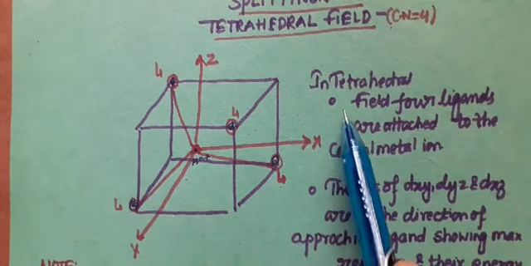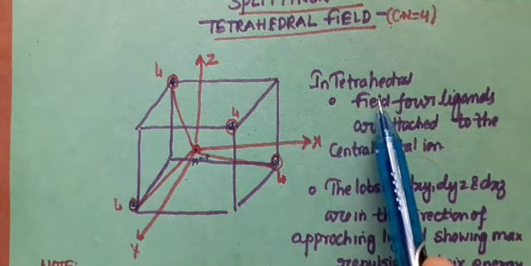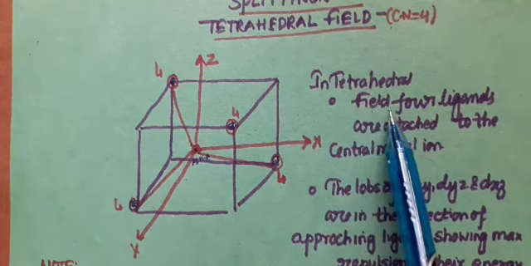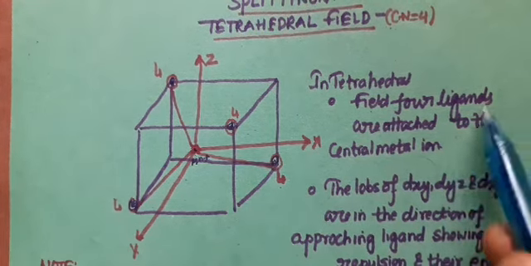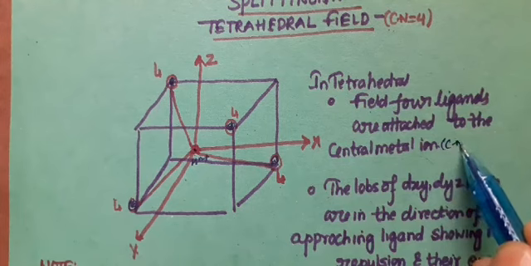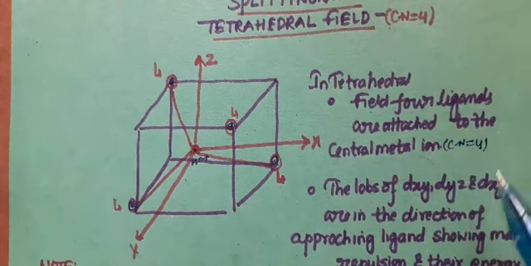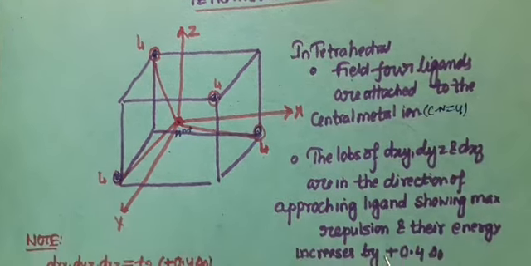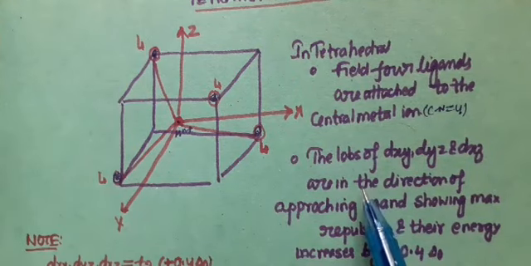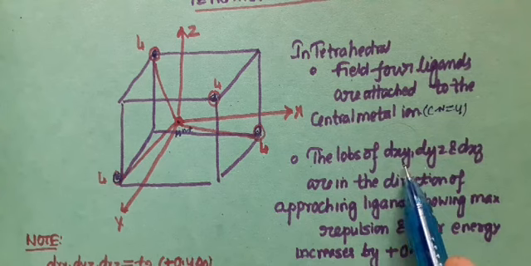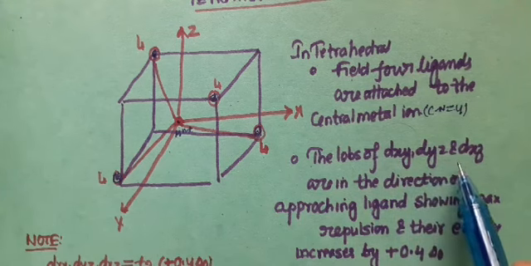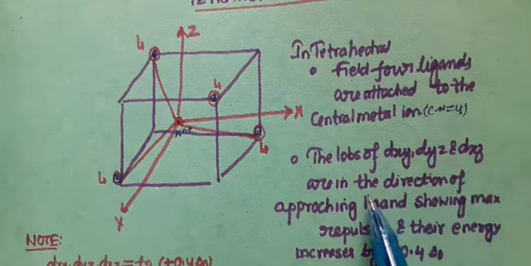It is important to note that in tetrahedral complexes, 4 ligands are attached to the central metal ion, giving the coordination number 4. Now, the second point is that the lobes of the 3d orbitals dxy, dyz, and dxz are in the direction of approaching ligand.